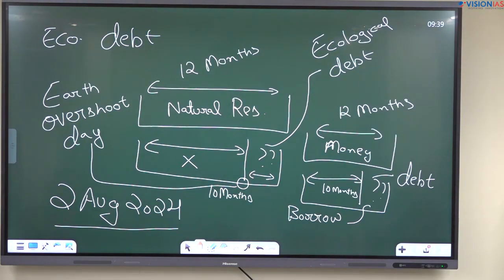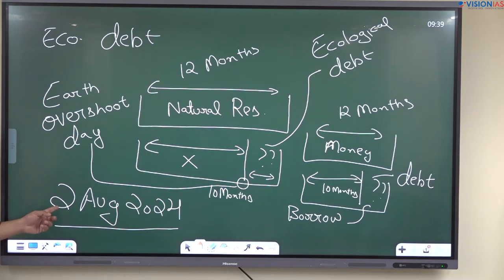What does it mean? It means by this day, we have consumed the resources which were meant for the complete year. So the resources that you should have been utilizing for 12 months, you consumed within 7 months. So what did you do for the remaining 5 months? You exploited. You consumed the resources which were meant for the future.